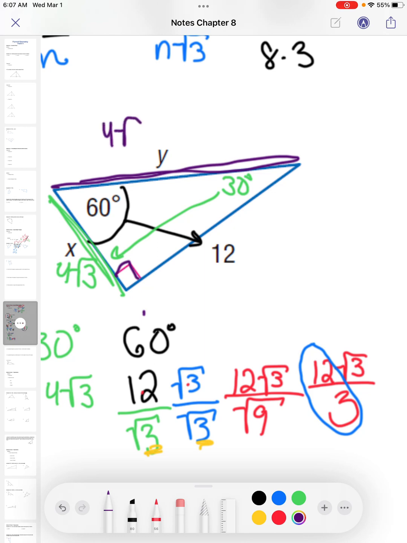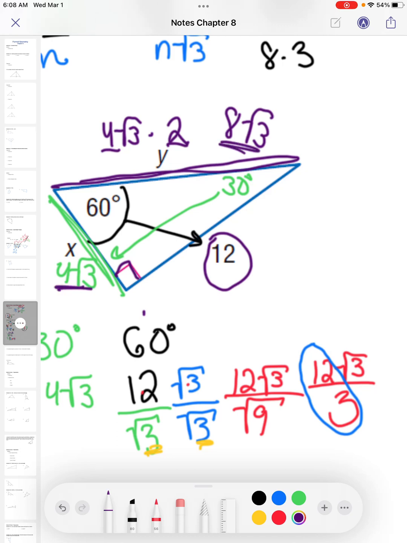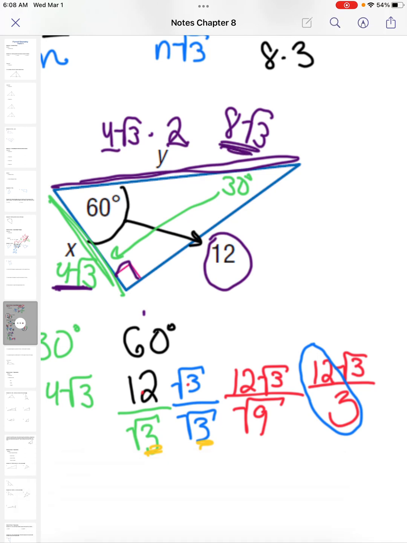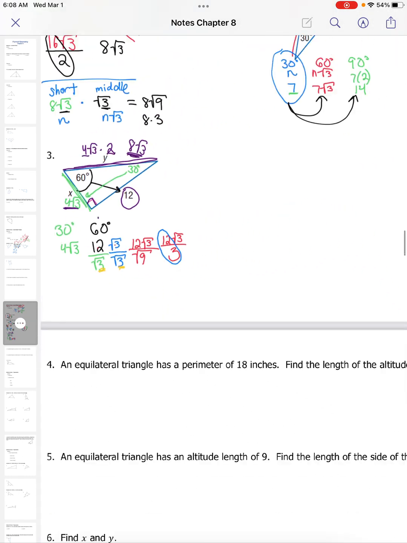So 4 root 3 times 2, well, the 2 is on the outside, so it's 8 root 3. Okay, so that's the most complicated it will get, is if your 60 degrees does not have a root 3, then your short leg and your hypotenuse has to have the root 3. All right, so that's a pattern that you should be seeing.